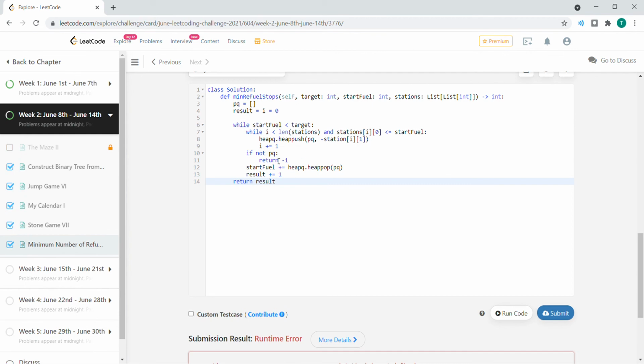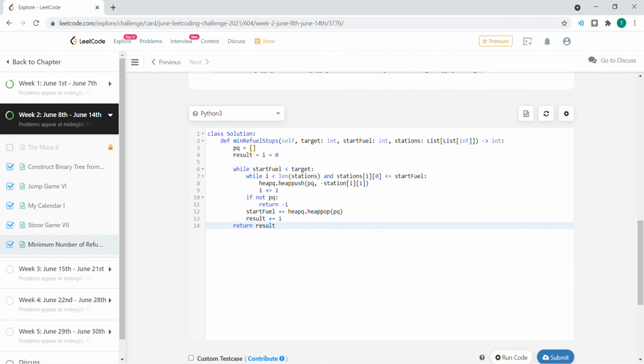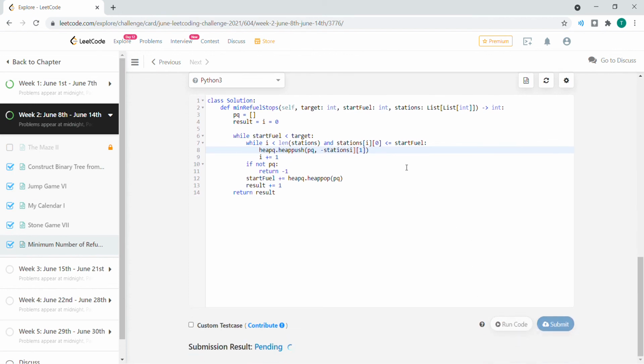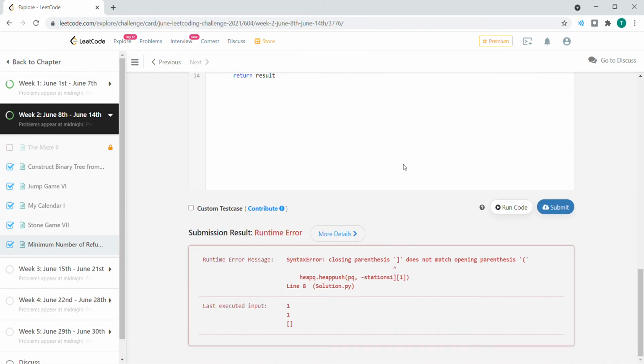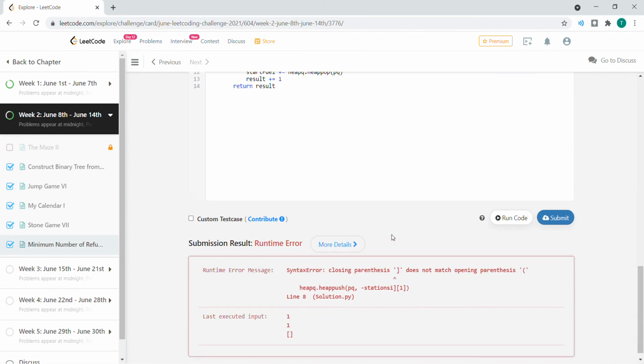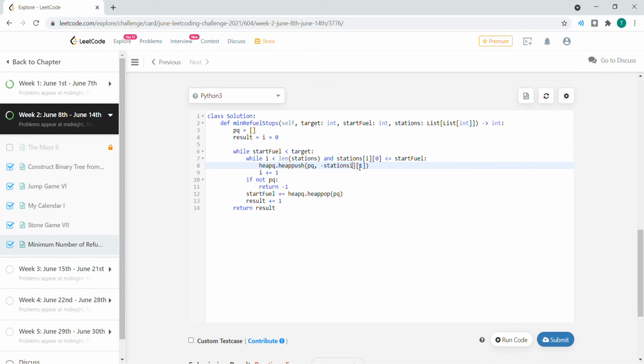What am I doing here? Oh, stations. Please work. Parentheses, I have a square bracket. What? Come on.